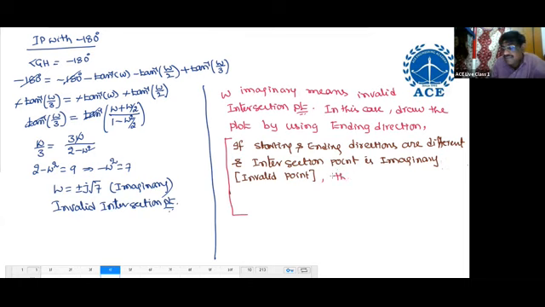Then draw the plot using the ending direction only.